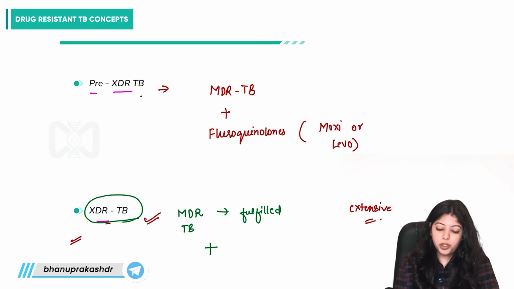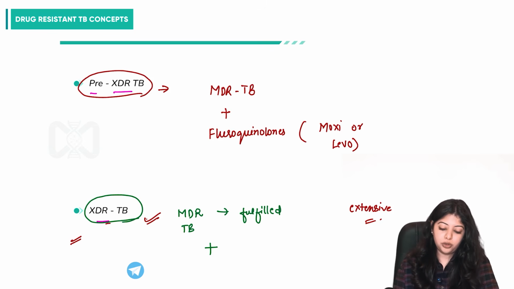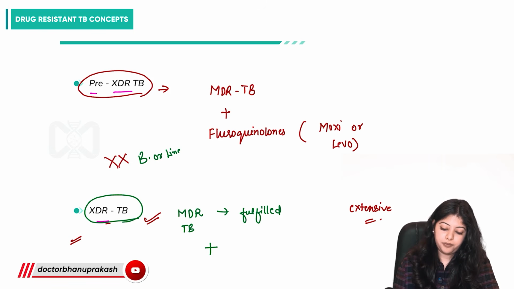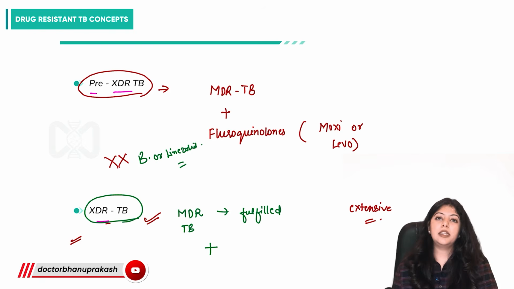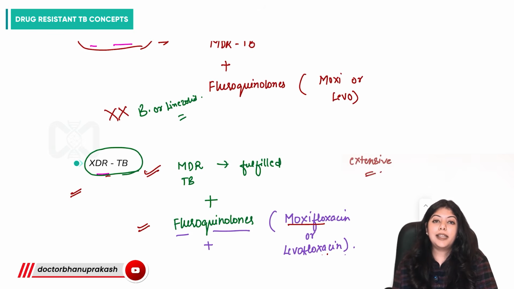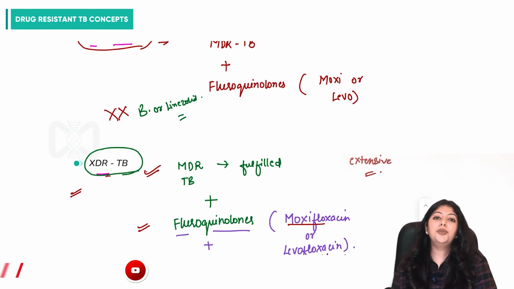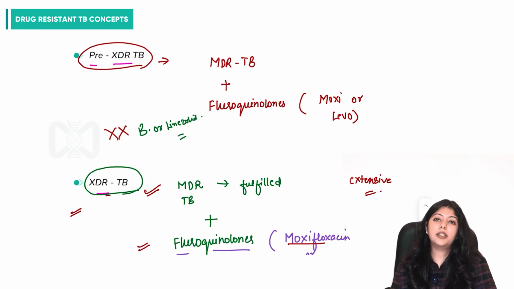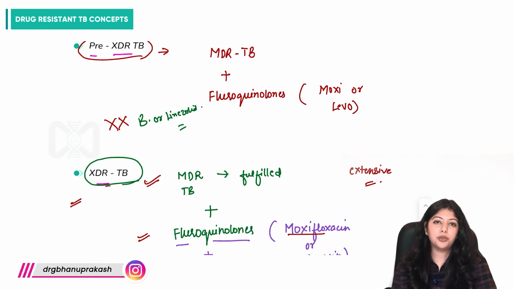So what is not present in pre-XDR? There is no resistance to group A, bedaquiline or linezolid. Easy? So do not get confused between pre-XDR and XDR. XDR includes three groups of drugs, and pre-XDR excludes only one group of drugs, that is group A, bedaquiline or linezolid.